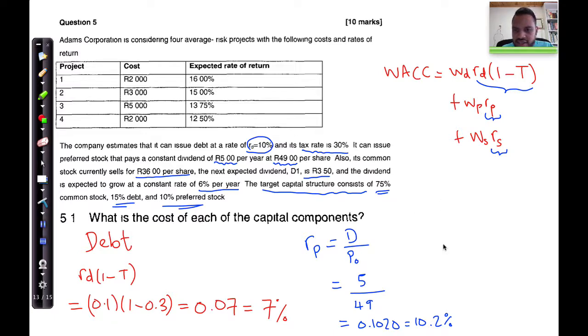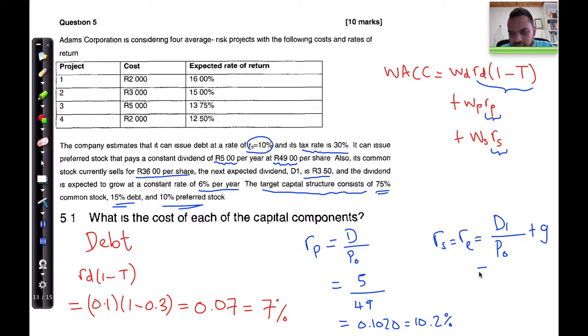And now let's look at basically the cost of issuing common equity, right, KE. And this is using the discounted cash flows approach, right? Discounted dividends. It's going to be D1, which is the expected dividend, divided by the price, which is P0, the current price of that share, plus the growth, right?